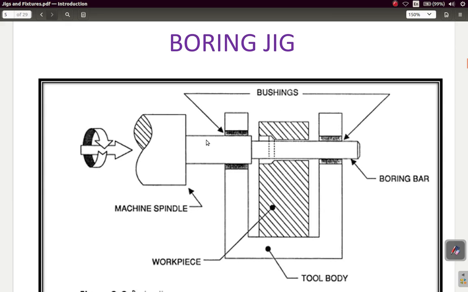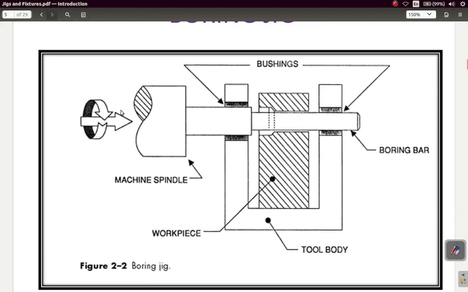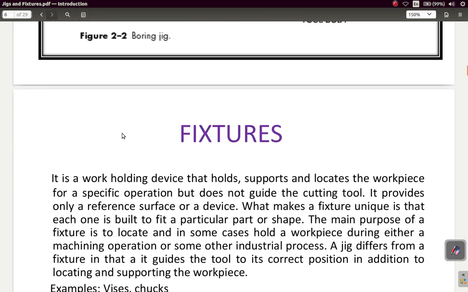You have the boring jig, machine spindle, the bushings, the boring bar, the workpiece and the tool body. The boring jig would move the bar a certain distance, left to right, then right to left to remove it.